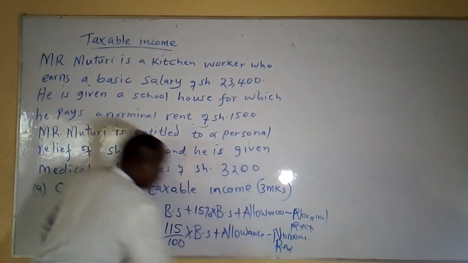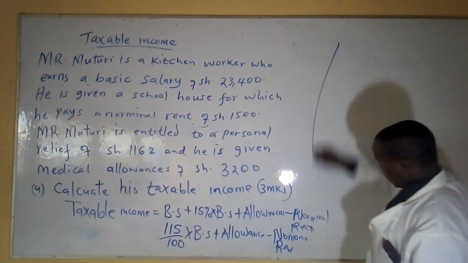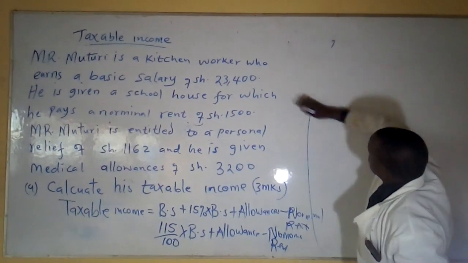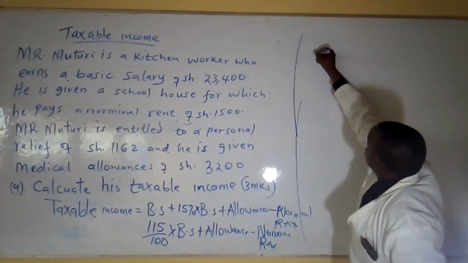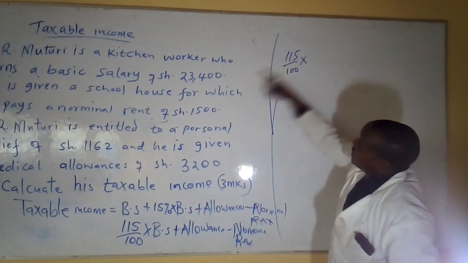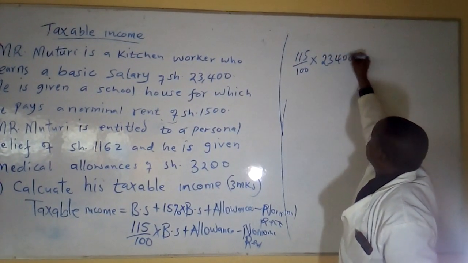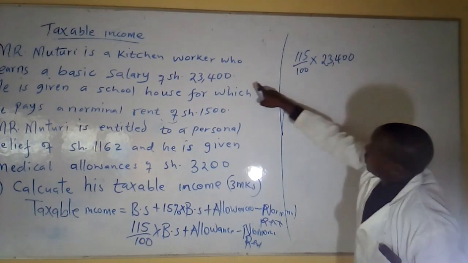Nominal rent. So that's what we are going to do. Now 15%: 115 over 100 times the basic salary, which is 23,400.